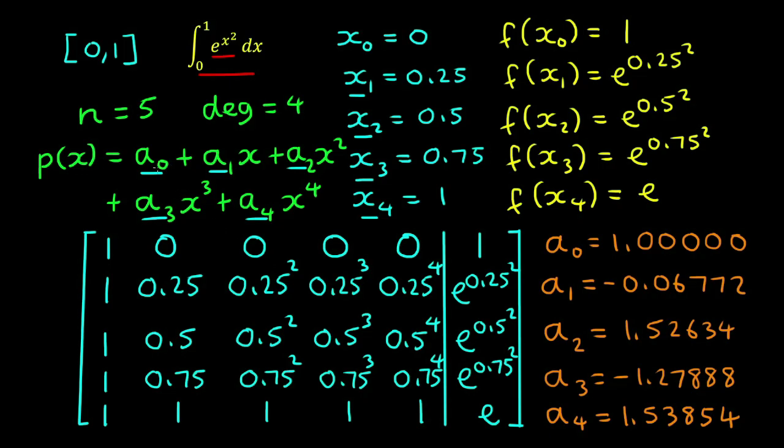Now we have a polynomial with the known coefficients, which you can substitute into this integral to replace the integrand, and you can evaluate the integral by the power rule. Let me make some space here. The approximation to the integral that you'll get is 1.463.